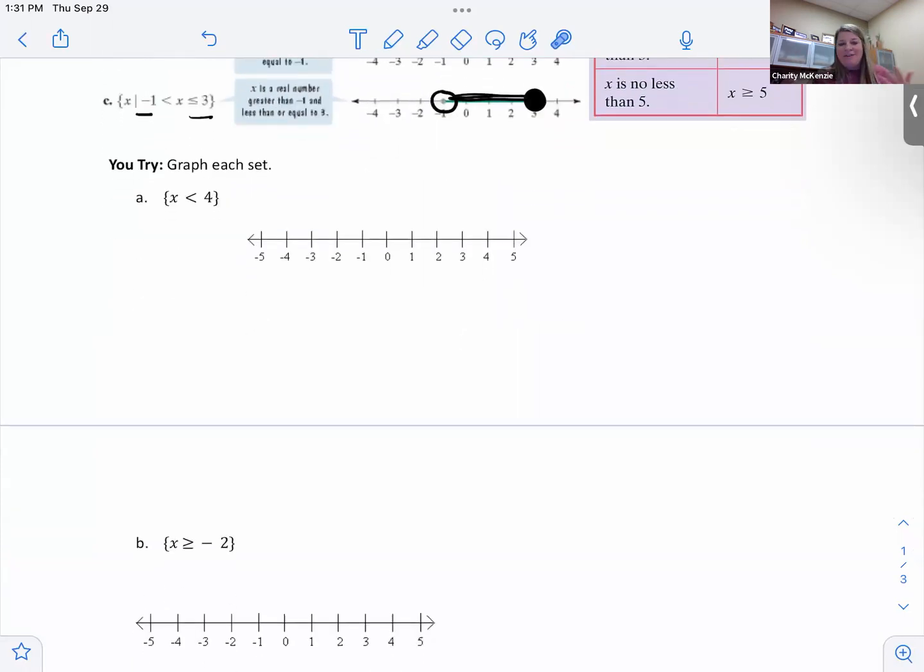Let's start with some graphing of these solutions, these inequalities, and then we'll build our way up to solving them. So x is less than 4, so I go to 4, and do I do a round open circle, or do I do a closed? Hopefully you said open. And which way, left or right, do I draw my arrow? Less than, this way.